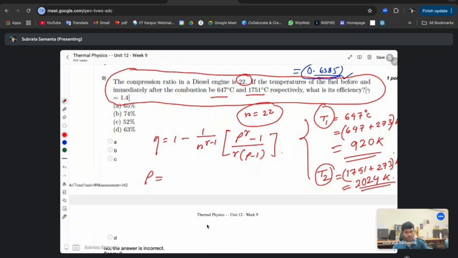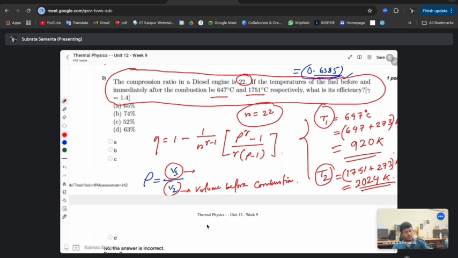This is V3 over V2, the volume immediately after the combustion over V2, the volume before the combustion. So rho equals the ratio of these two, V3 over V2.